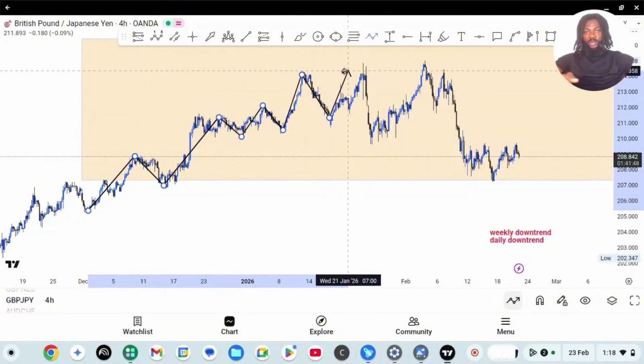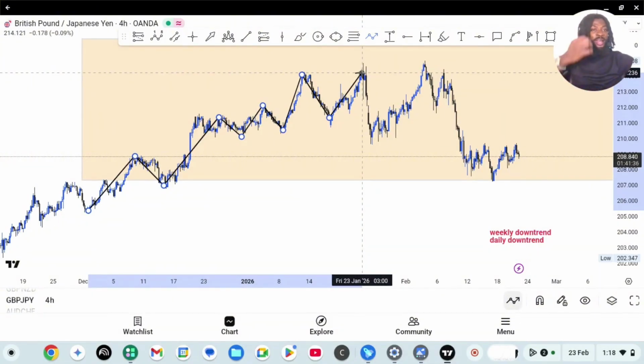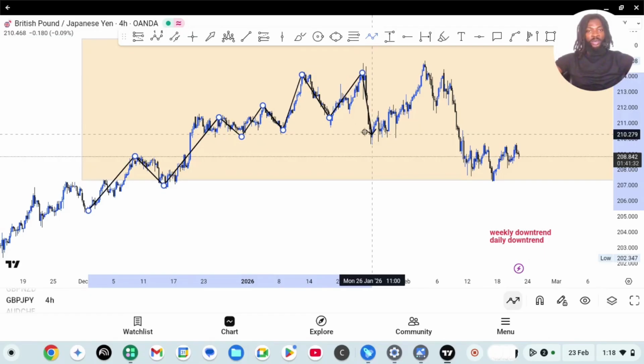We were supposed to break the previous high, but what the market did was give us a high. This pattern is an M pattern, which is an early reversal pattern. Look at what the market did. We have a market structure shift here. The market has changed from an uptrend to a downtrend.